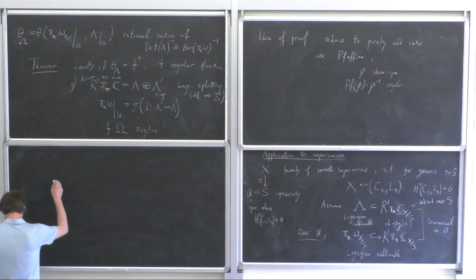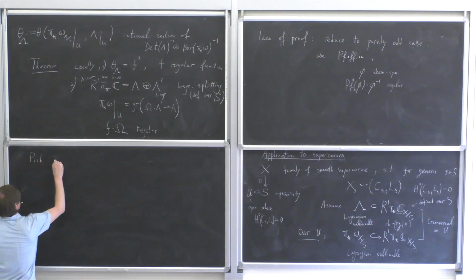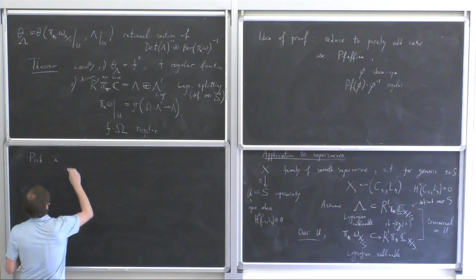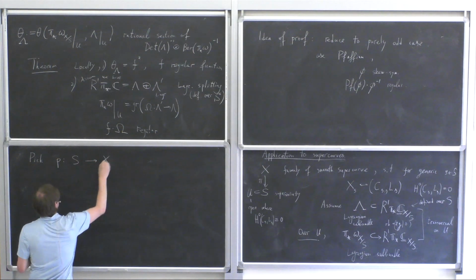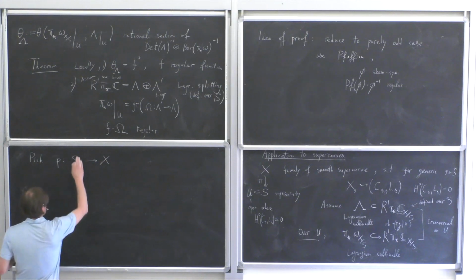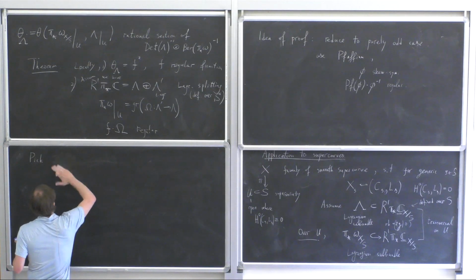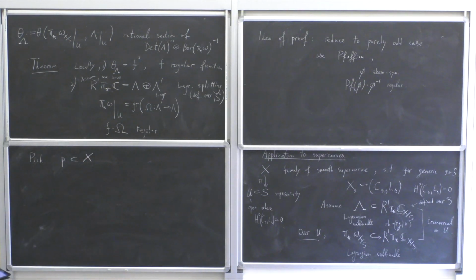Yeah, and so the way I do this is we pick locally a section, so we pick a marked point. Sorry, no, actually not that. I will still denote it as P, but it will not be a section, rather it will be a divisor. So it's given locally by one even equation.